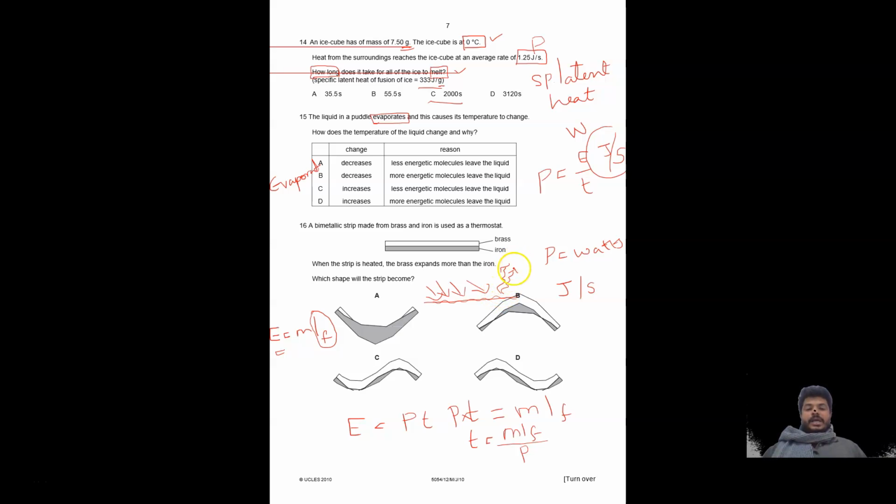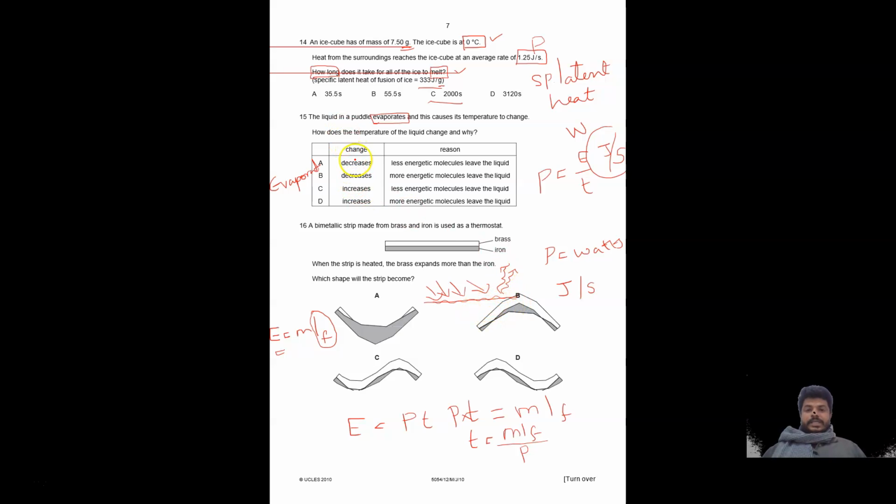As it evaporates, it takes out the higher energetic molecules, that means the heat energy is going out, so it leaves lower energetic molecules behind. So higher energetic molecules escape, lower energetic molecules stay behind, which causes cooling.